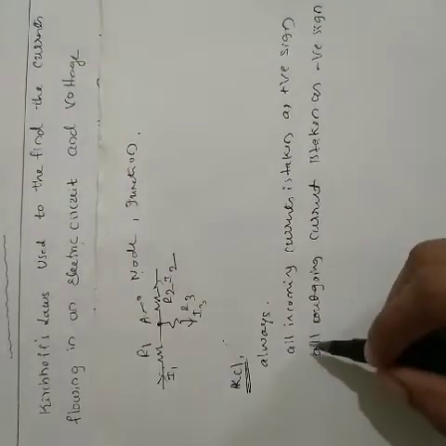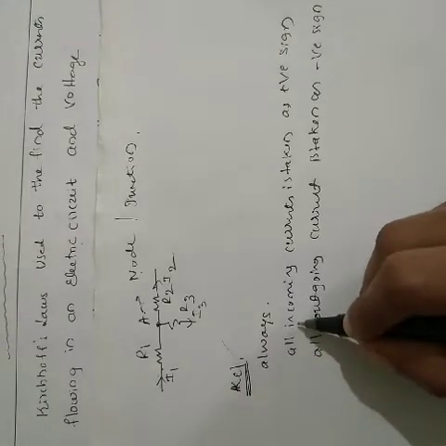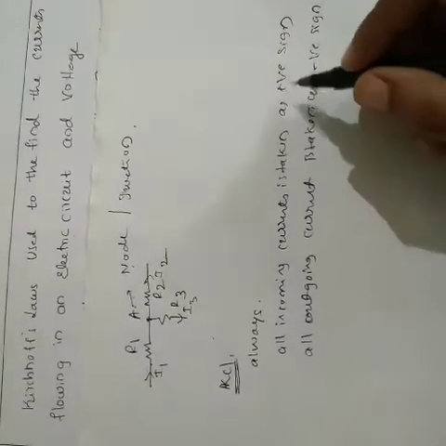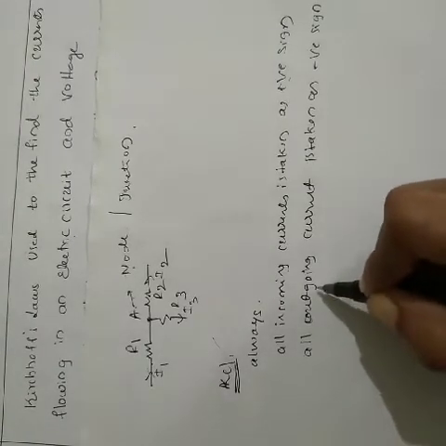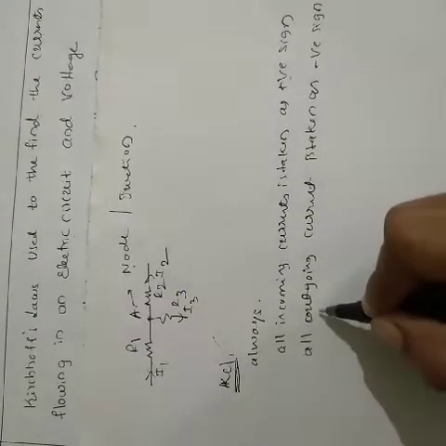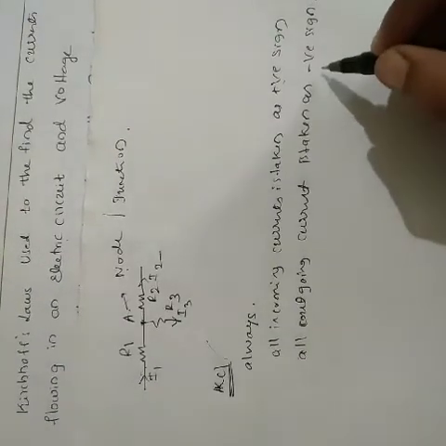If you consider any node, all incoming currents, meaning the current is moving towards the node, are taken as positive sign. All outgoing currents, meaning the current is away from the node, are taken as negative sign.